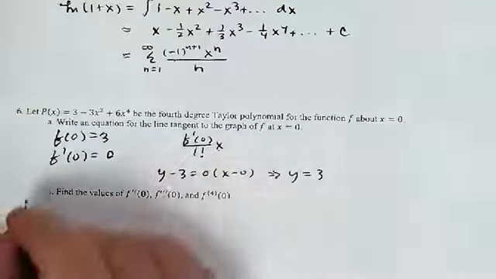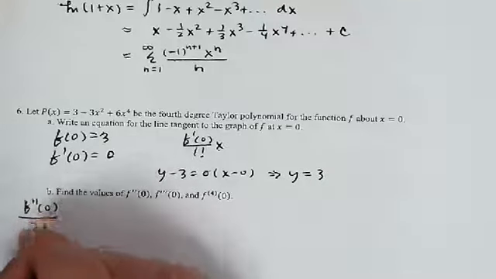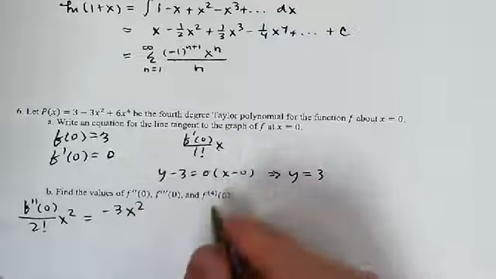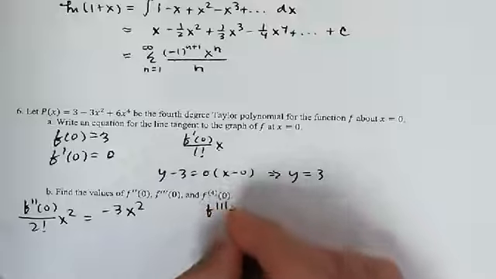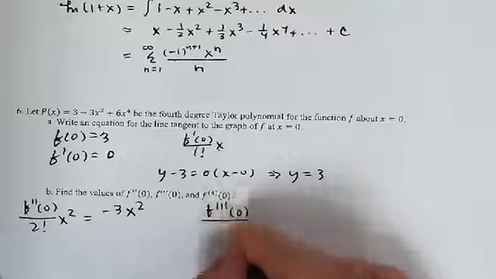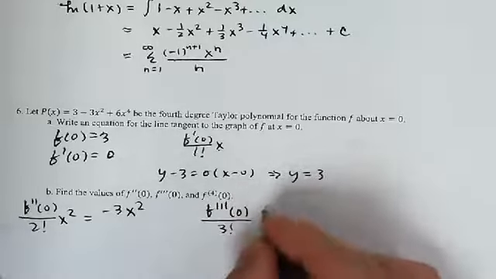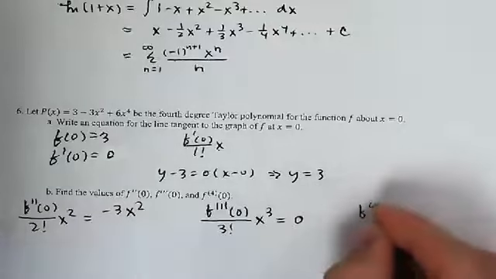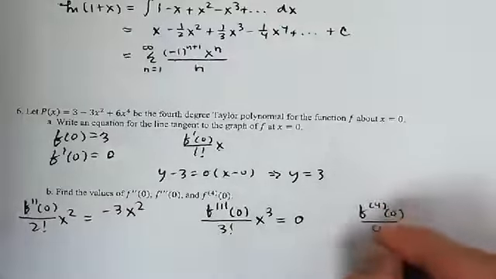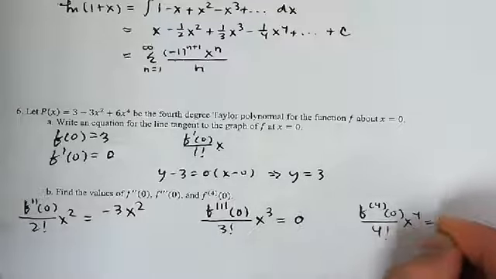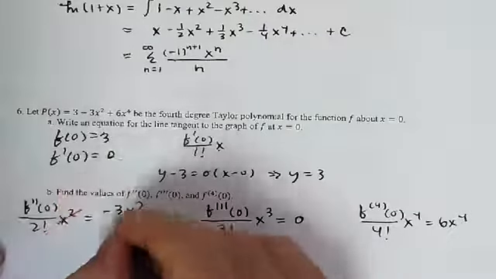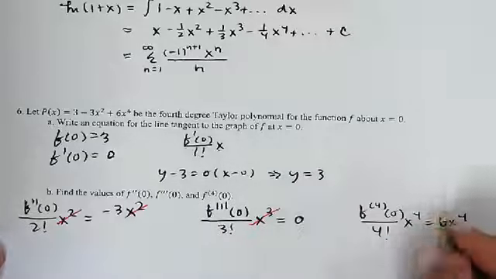Okay, f's second derivative, so f double prime of 0 divided by 2 factorial x squared is equal to negative 3x squared. I'm going to set up for the other ones. And f's fourth derivative divided by 4 factorial x to the 4 is 6x to the 4. So what I'll do is disregard the x's, because they're not telling me anything I don't already know.